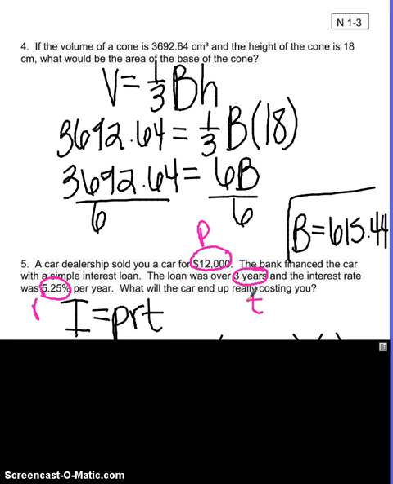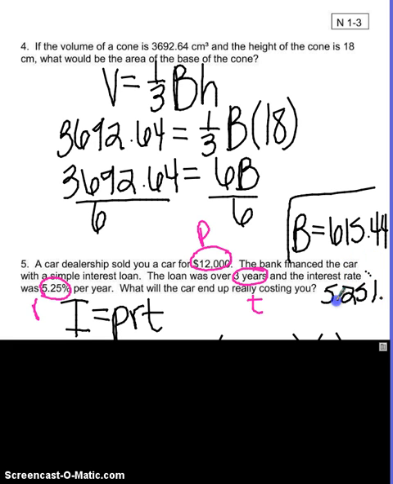The other thing is when I talk about rate and I'm working with a percentage, I have to change my percentage to a decimal. So here, if I have 5.25%, what am I going to do in order to change it to a decimal?